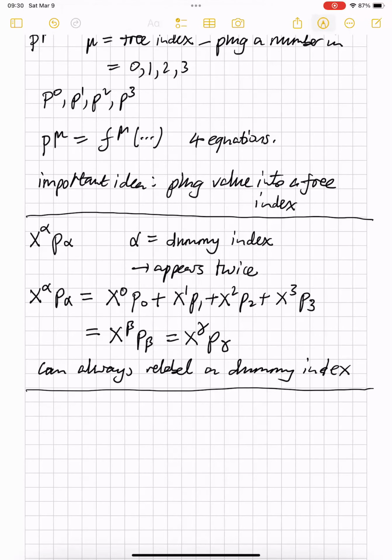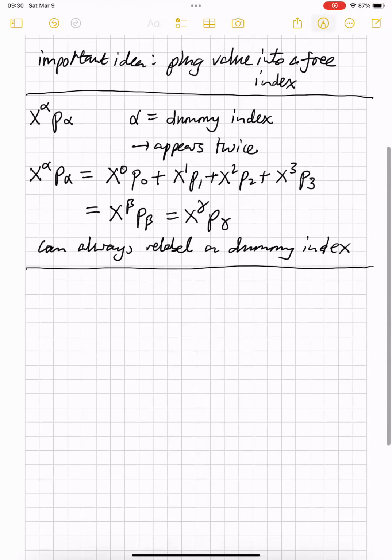Now, what would happen if, for example, we have something like x alpha up, p alpha down, and then a v alpha up? Now I've got this index appearing three times. Well, what on earth does this mean? Perhaps I should be summing the first index, which is up, and the second index, which is down.